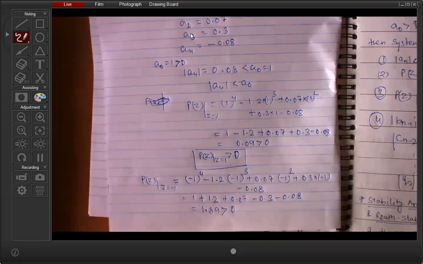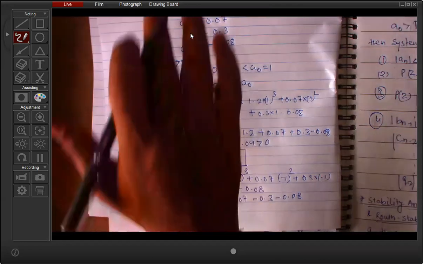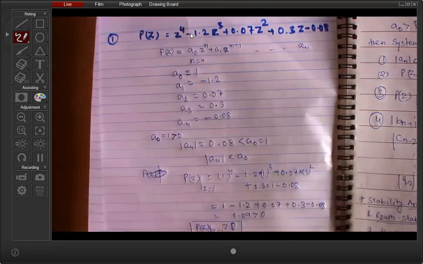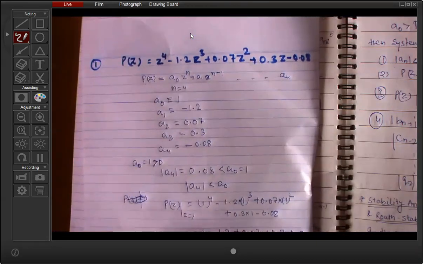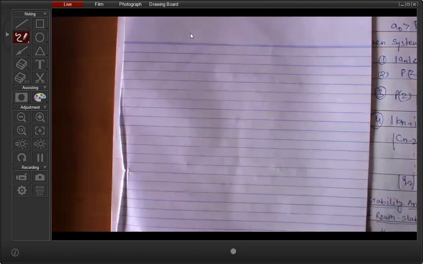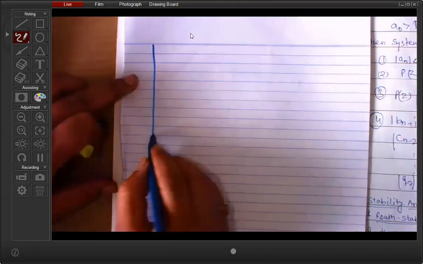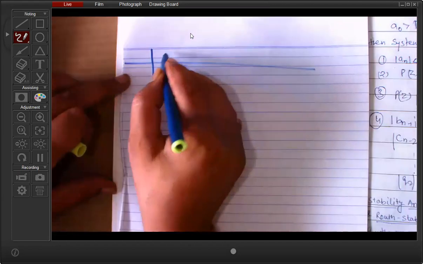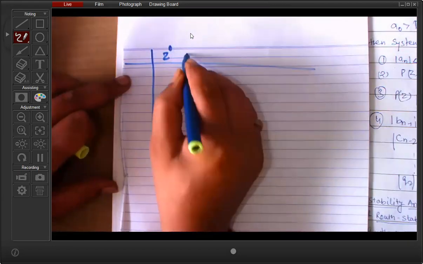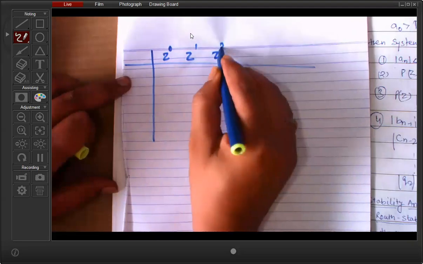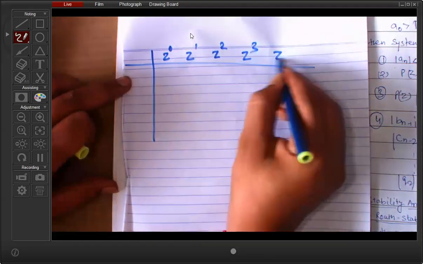So all the conditions, except the Jury's table, are satisfied by the given polynomial according to the Jury stability criteria. Now we have to prepare the Jury stability table. According to the Jury stability table, z to the power 0, z to the power 1, z to the power 2, z to the power 3 and z to the power 4.